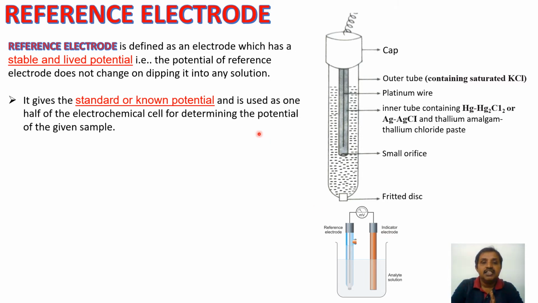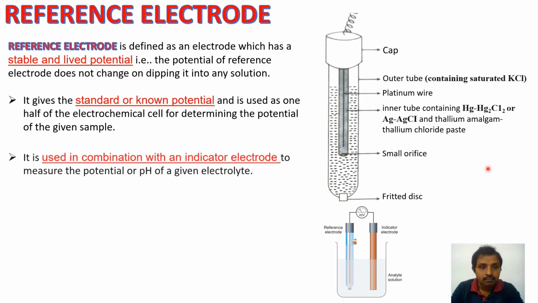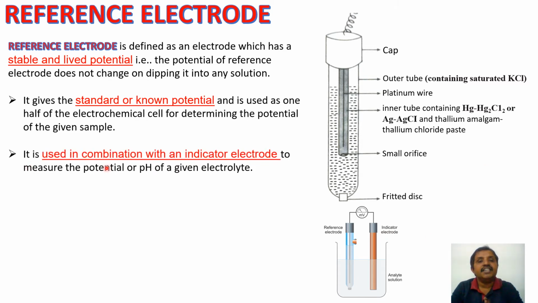That is, it is used in the electrochemical cell for determining the potential of the given sample. It is used in combination with the indicator electrode to measure the potential or pH of the solution.